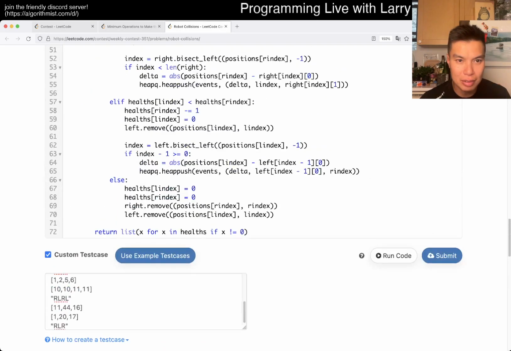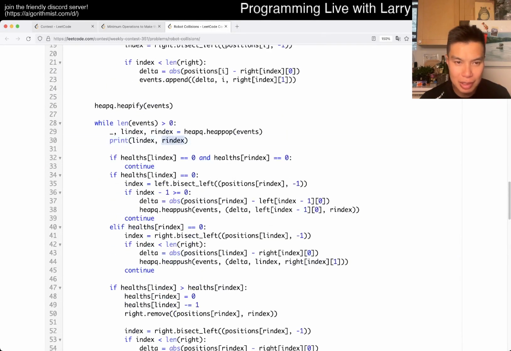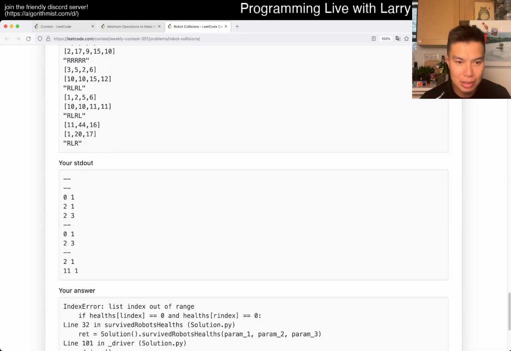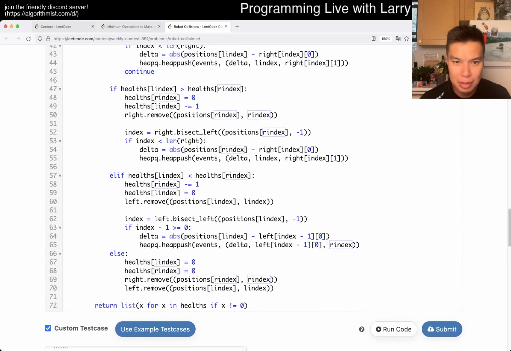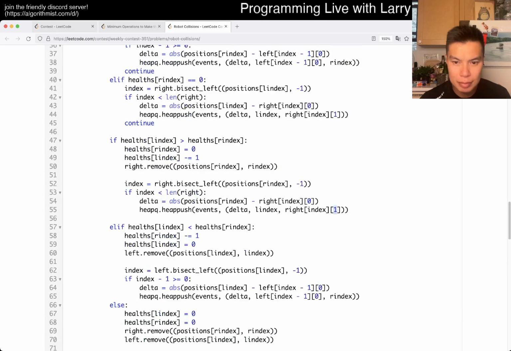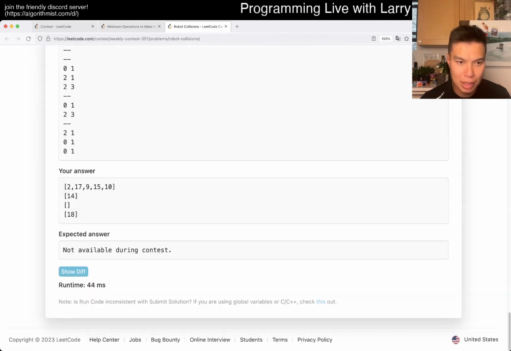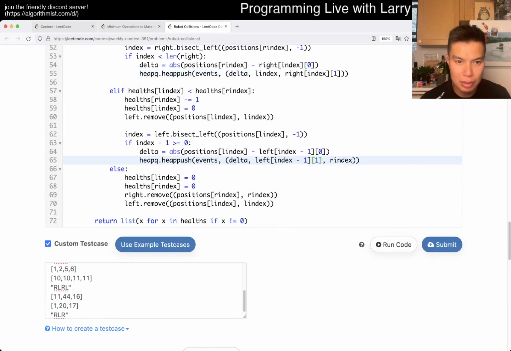Okay, left. Did I put in the wrong thing? Why would the index be 11? I mean, it's definitely not right. 11 is the position. Oh, whoops. Typo. Okay, fine.